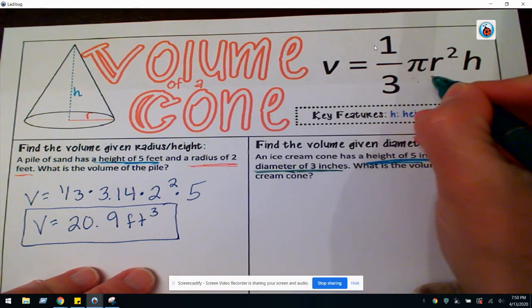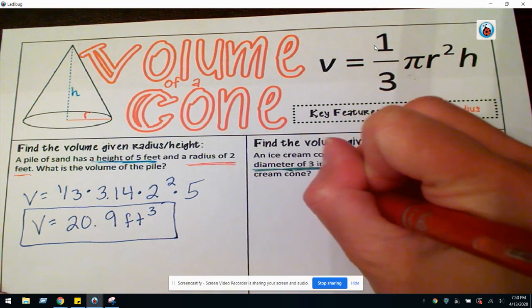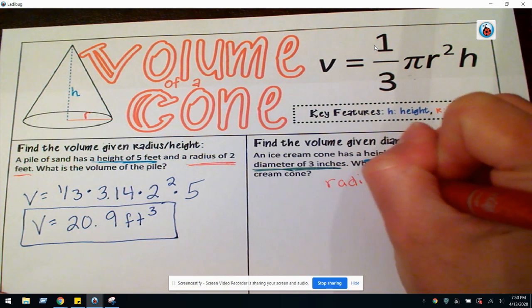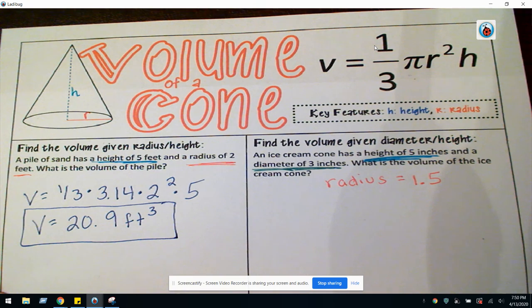I use radius. Diameter is the whole way across. I want radius, halfway across. So if the diameter is 3 inches, the radius is half of 3, which is 1.5.